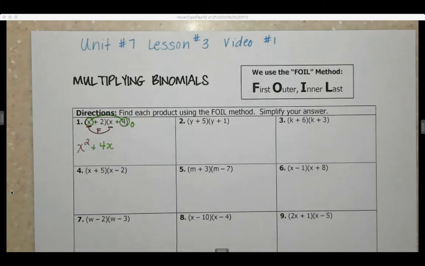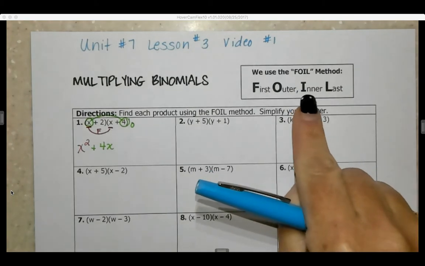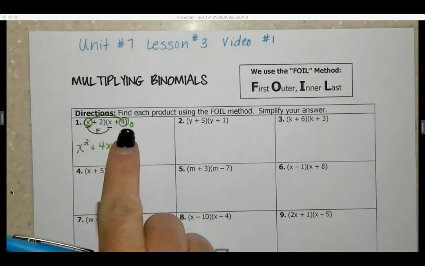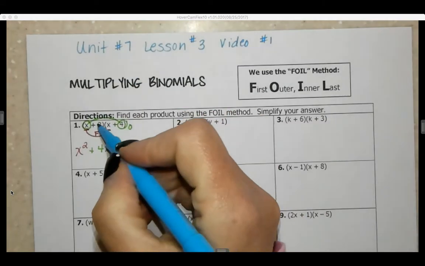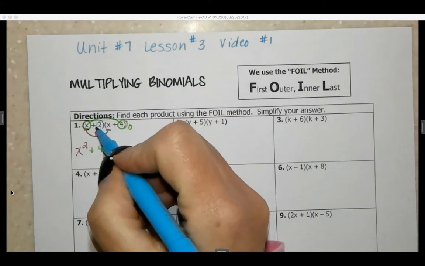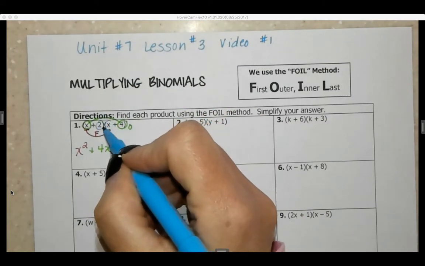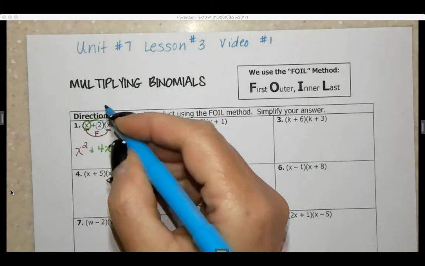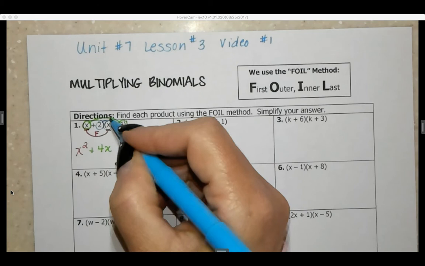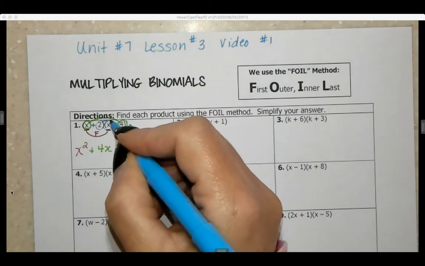Next up, I, inner. If you're looking at these terms, which ones do you suppose are the inner terms? I hope you said the 2 and the x. So now we're going to take this 2 times this x, those 2 inner terms, 2 times x, there's no way to write this, but that's the I.